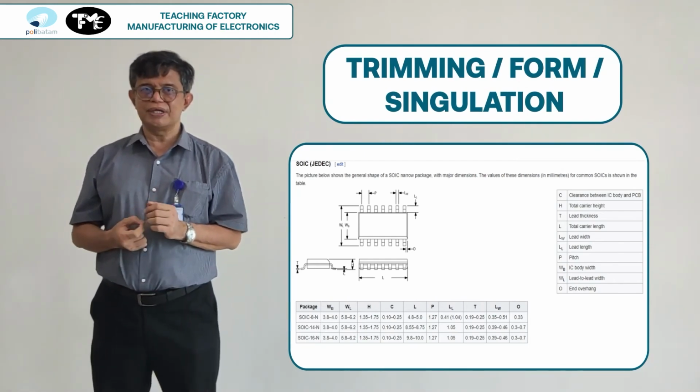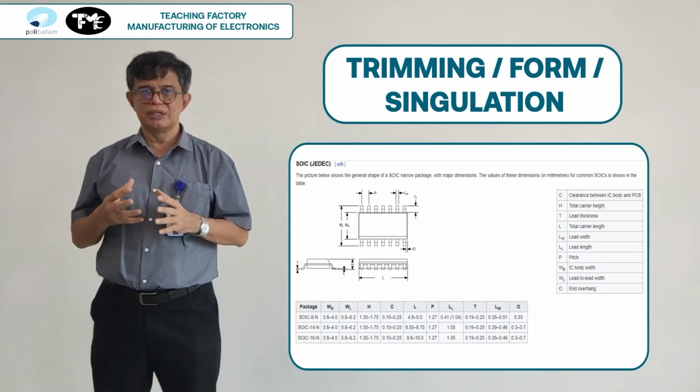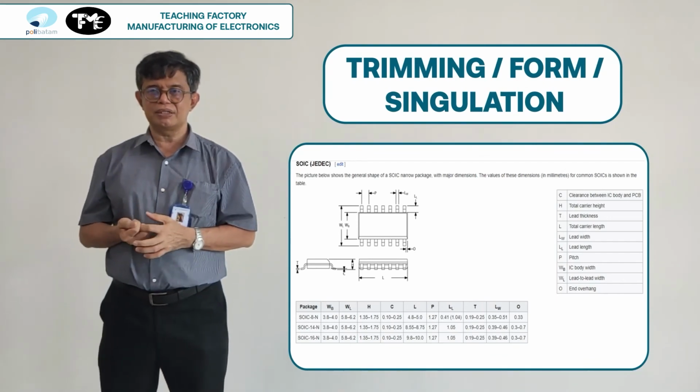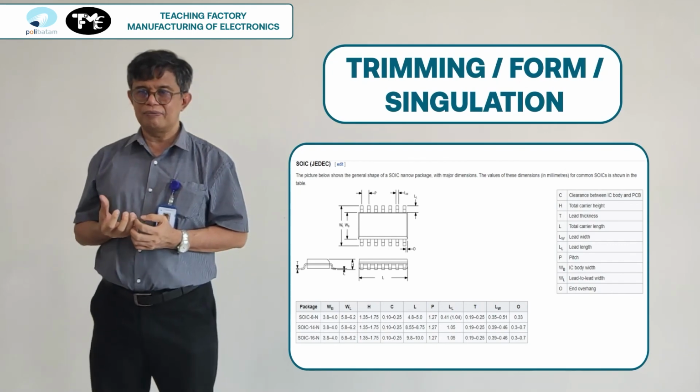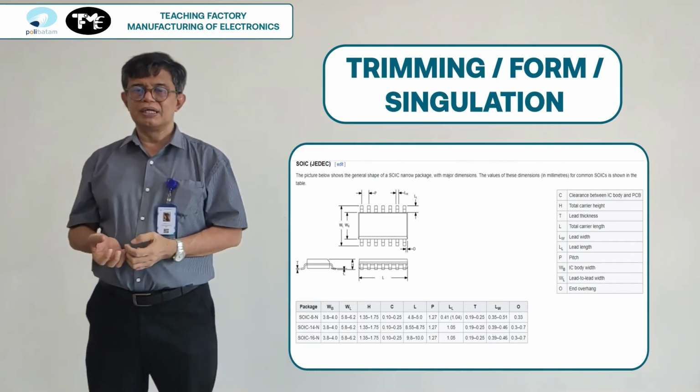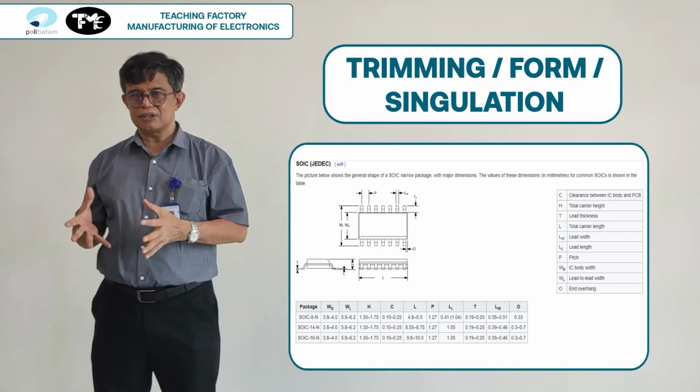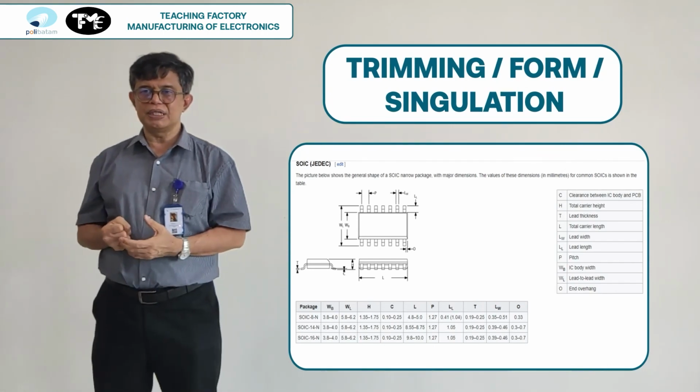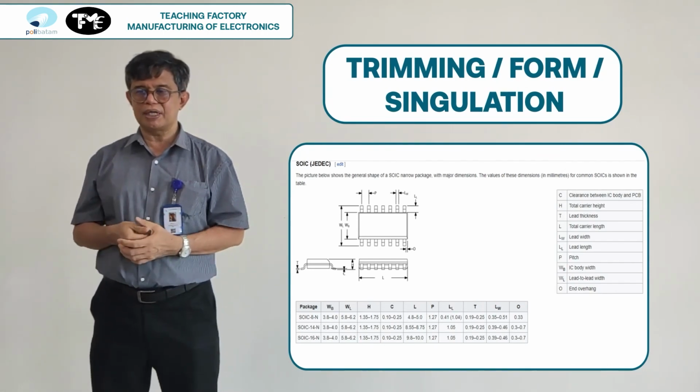This is very important, because when we do SMT on this component, the lead size and also the lead pattern have to be the same as this package outline drawing.